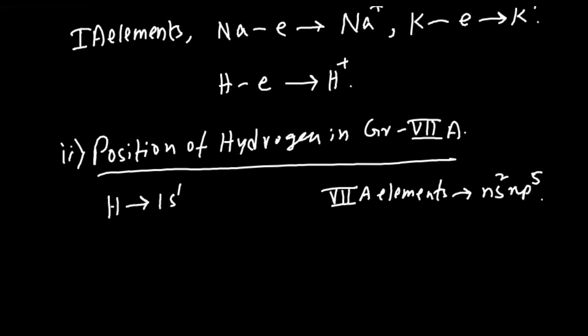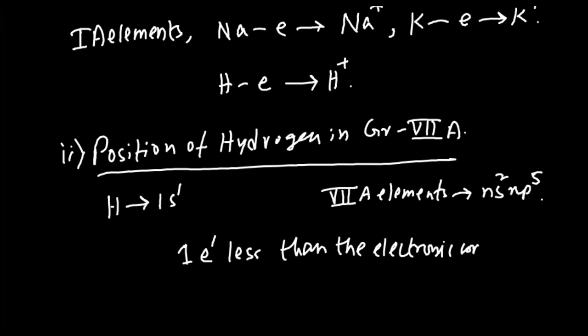That is, the outermost orbit of both hydrogen and the elements of group 7A has 1 electron less than the electronic configuration of the nearest inert gas.